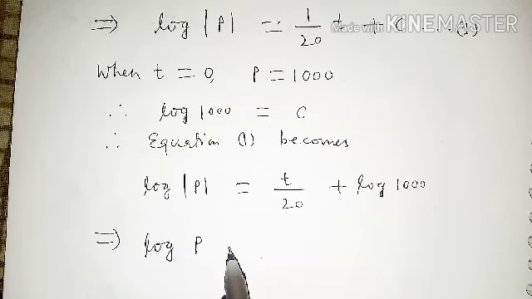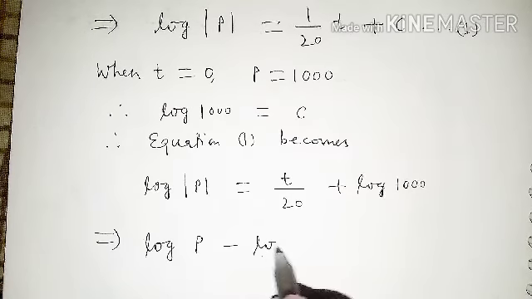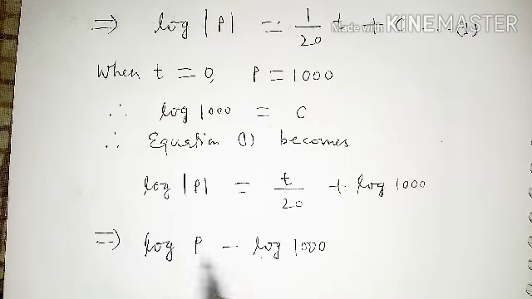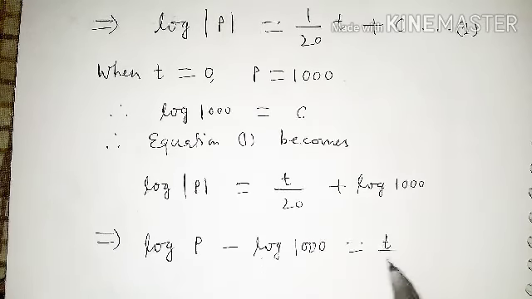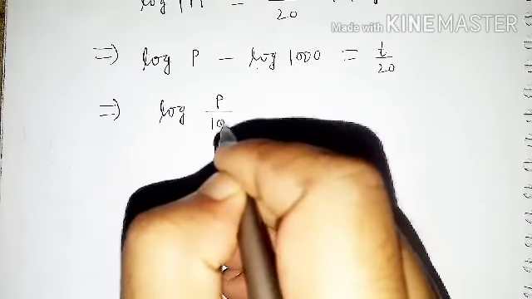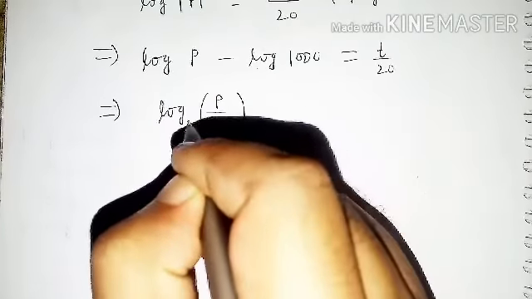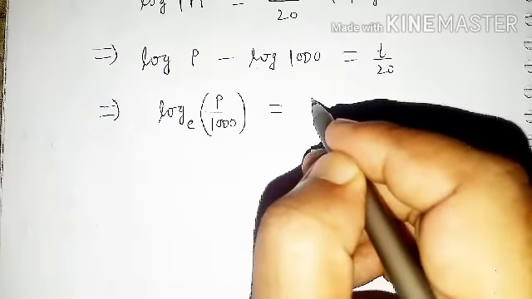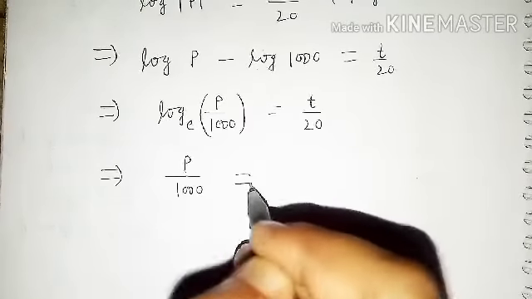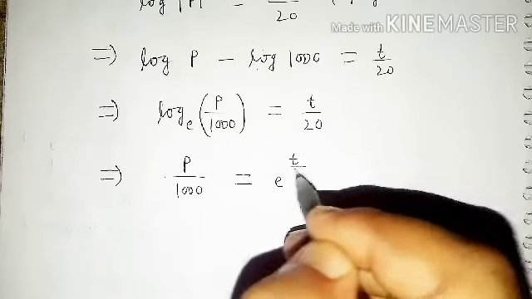P is principal money, which is positive, so there is no need to put it in mod. Applying the property of log, this is log P by 1000 equal to t by 20. Here base e is hidden. This implies that P by 1000 is equal to e to the power t by 20.